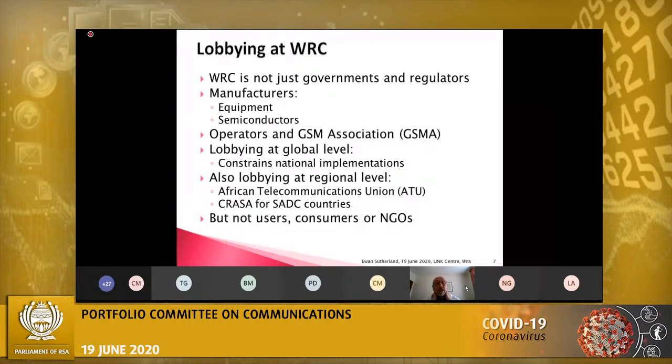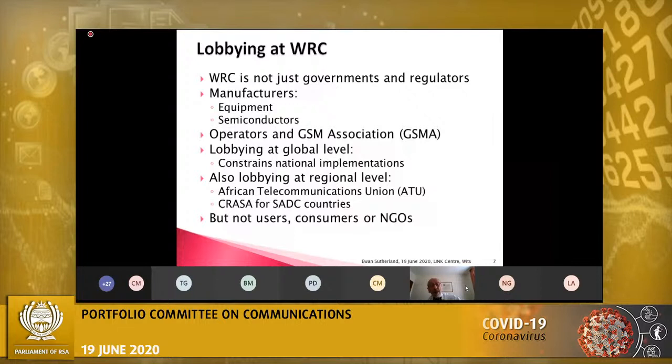Another group who are there in very strong numbers are the operators and their trade association, the GSM Association. Ironically, we are now on to 5G, but they still call themselves what is effectively now a dated name. And one of the things which they're interested in doing is lobbying at this global level, because if they can get things at the global level, it will make it difficult to diverge from that at the national level.